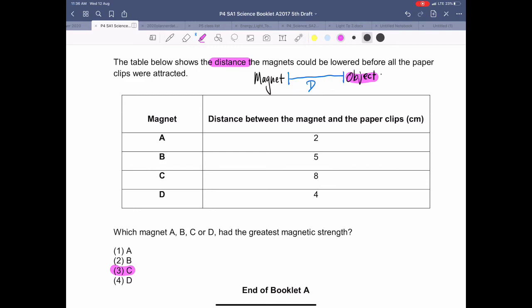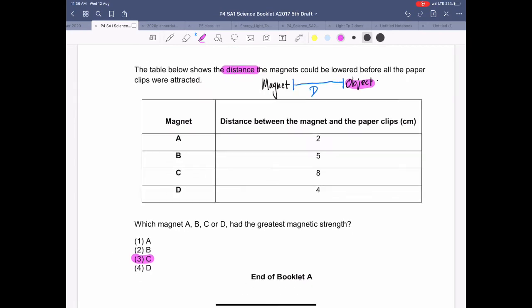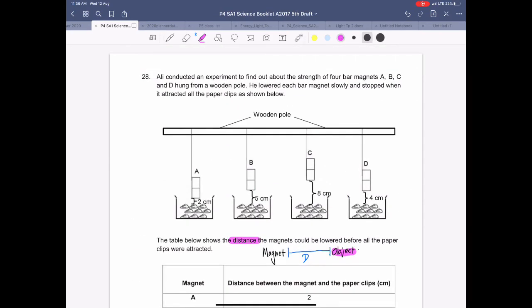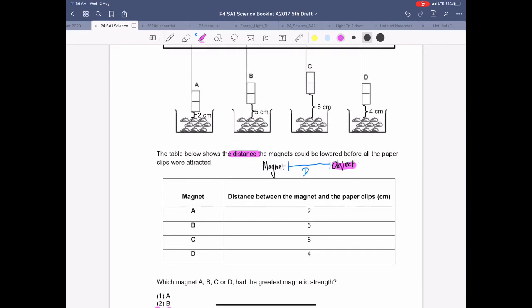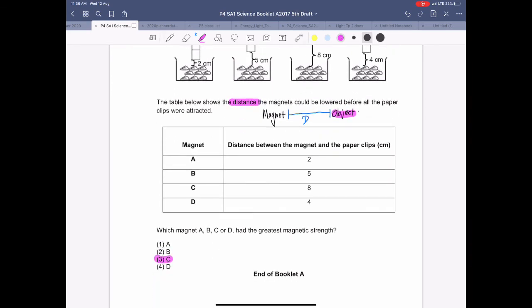However, for time, the shorter, the faster. So you need to be careful. In this case, the weakest is A. Oh, and also read the question. This is actually asking for the greatest. So this is where you tend to get errors.